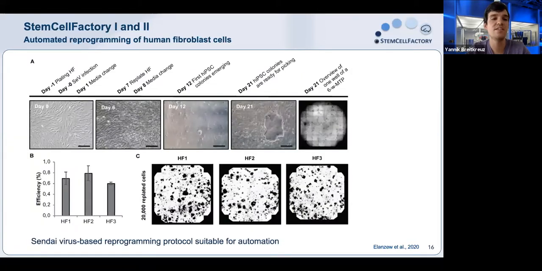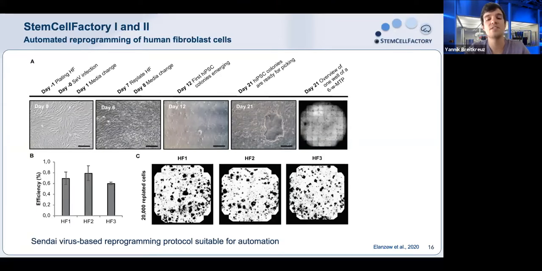What you can see here in A are the key time points and processing steps of the reprogramming protocol, and the reprogramming efficiency ranging between 0.6 and 0.8%, which is comparable to the reprogramming efficiencies reported by the manufacturer. So this is about 1%.